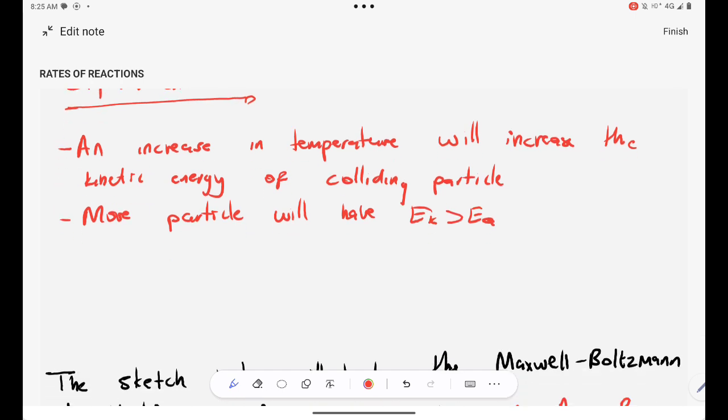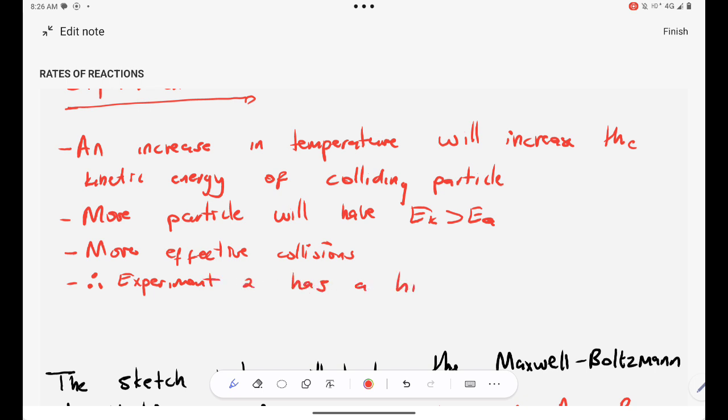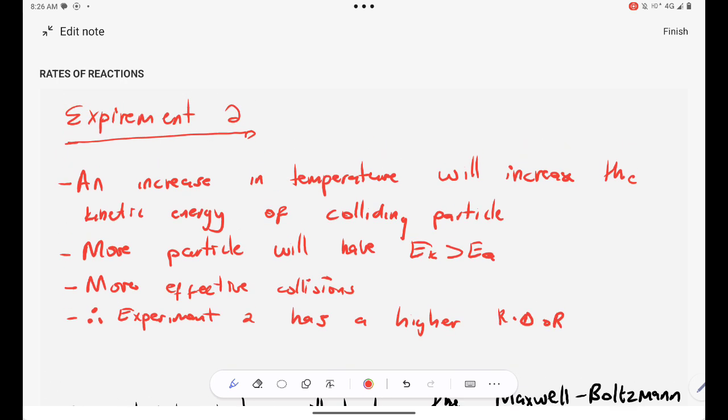Now we'll end up having more particles with kinetic energy greater than the activation energy, and hence we'll end up having more effective collisions. And that is why experiment 2 has a higher reaction rate, a higher rate of reaction. Are you together, guys? Okay.